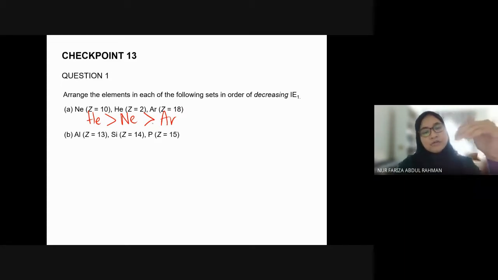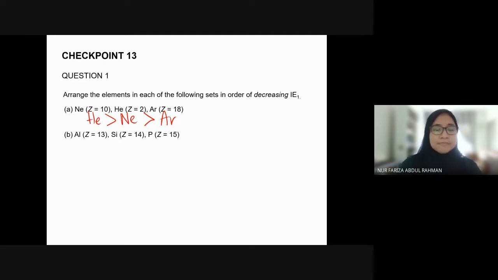Okay, so since we know that dia adalah going down the group, that means dia group yang sama, dia going down the group lah. So going down the group, based on the increase in principal quantum number kan.